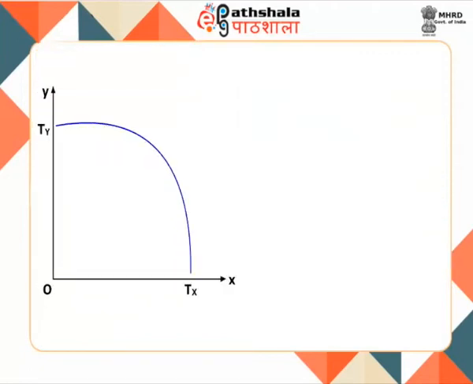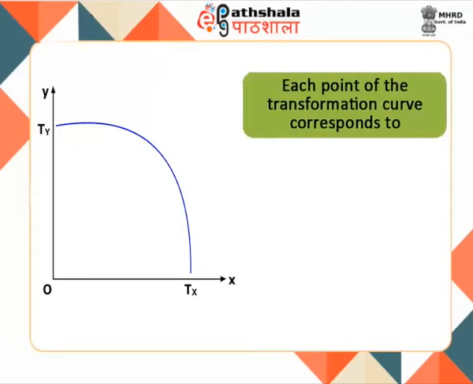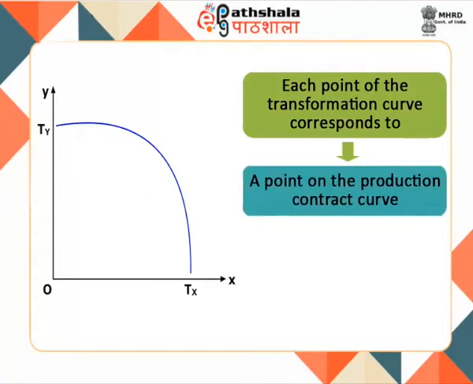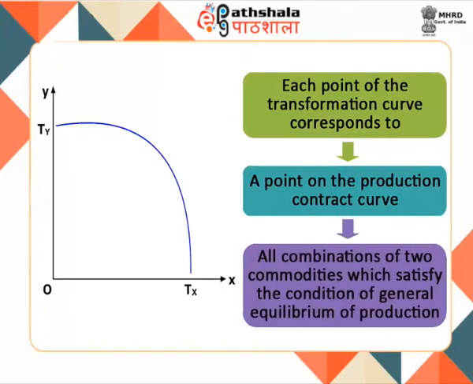It will be recalled that each point of the transformation curve corresponds to a point on the production contract curve, which shows all combinations of two commodities which satisfy the condition of general equilibrium of production.